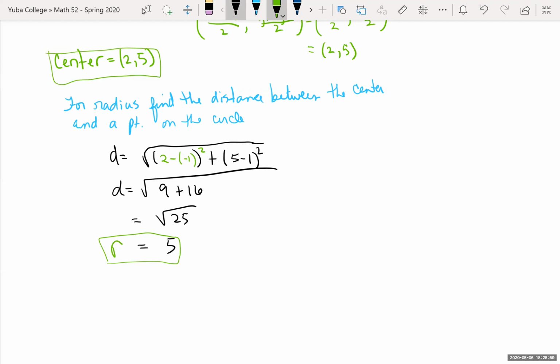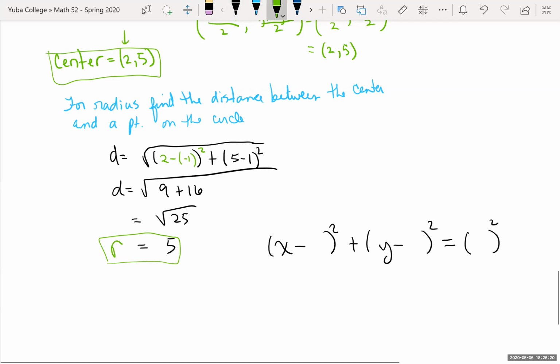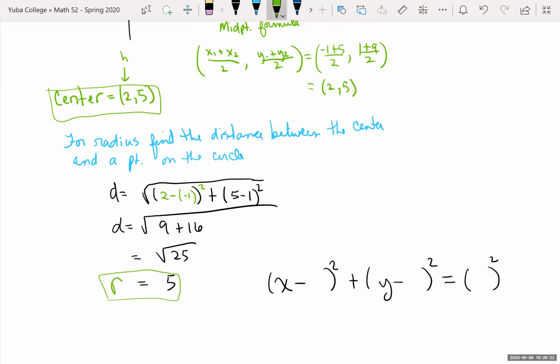And so now we can plug it in. Okay, so plugging in our center, we got x minus our h value, which is 2. So x minus 2, and our k value of the center is 5.